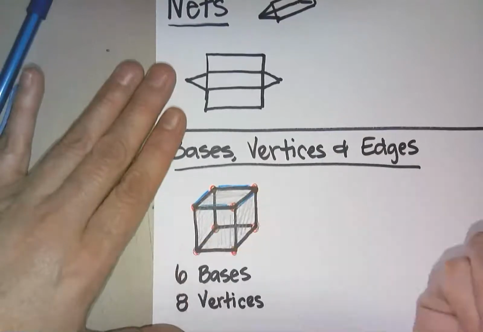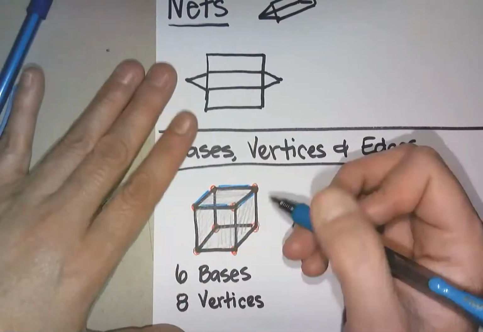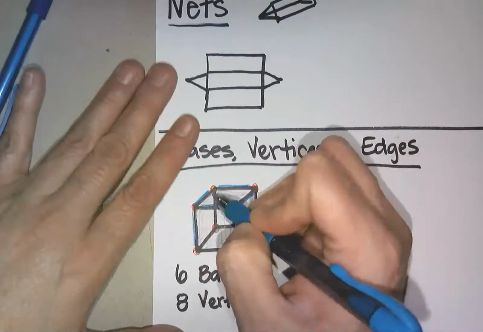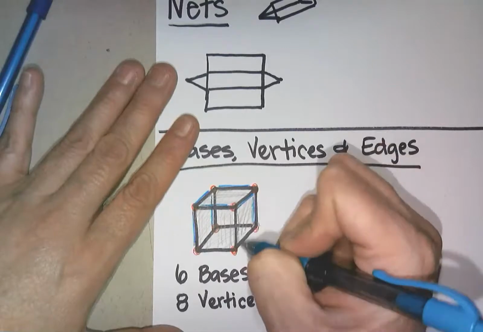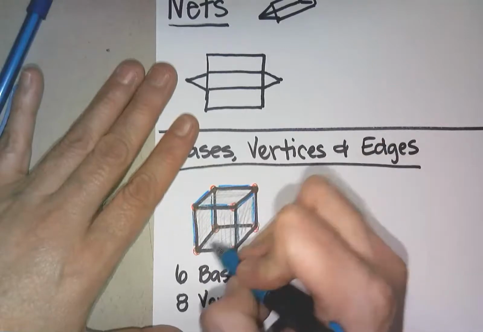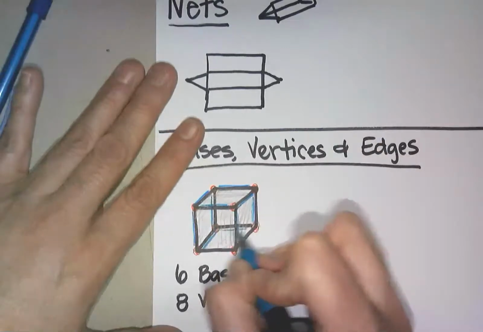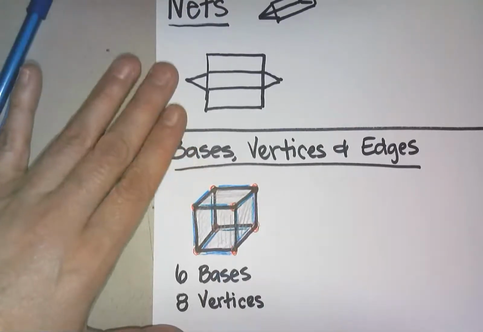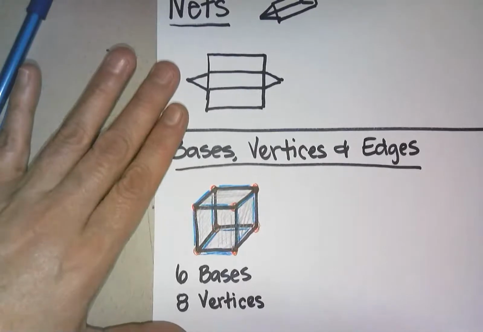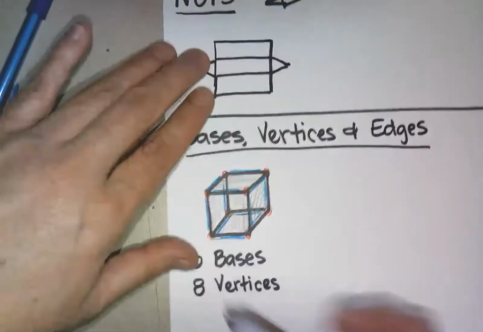Okay. And I got 5, 6, 7, 8, 9, 10, 11, and 12. So there are 12 edges.